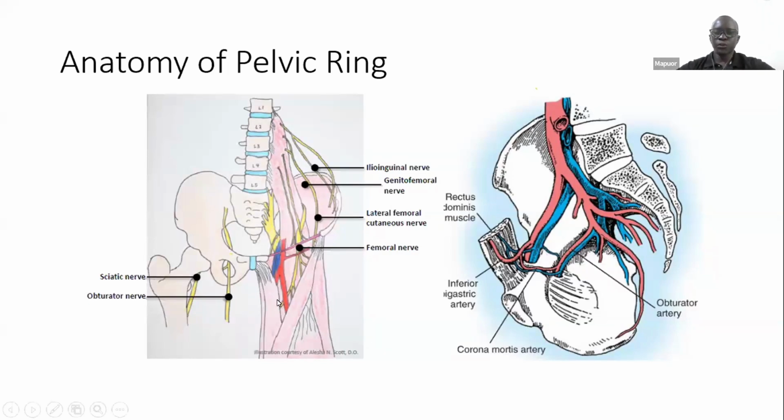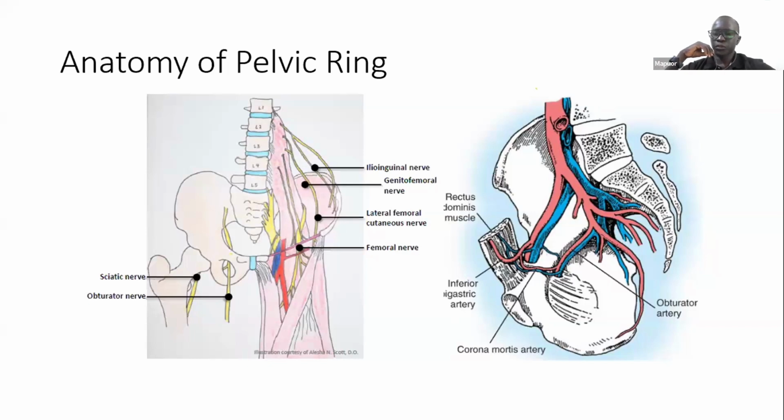Another thing we need to put our mind into is what we call the corona mortis, and that is for the surgeons who are doing surgeries for pelvic ring injury, particularly when you go in anterior, wanting to fix the anterior aspect. So you have the corona mortis. This is an anastomosis actually between the obturator artery and a branch of the external iliac artery.